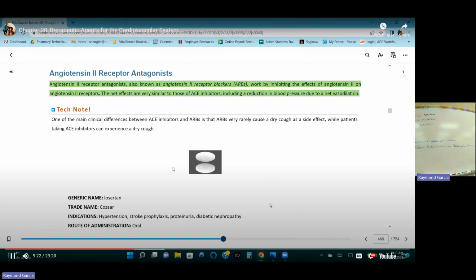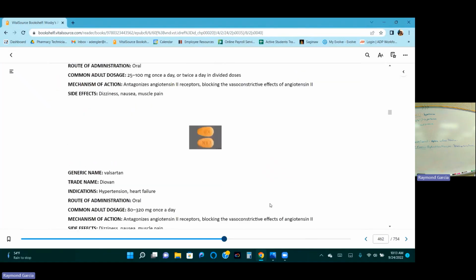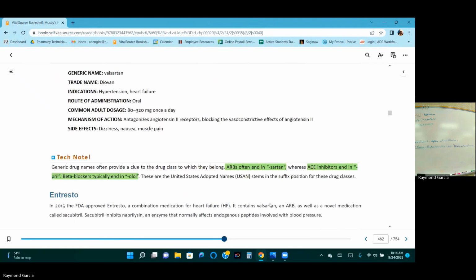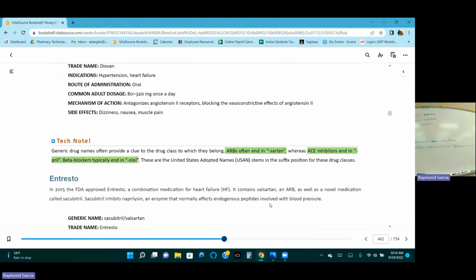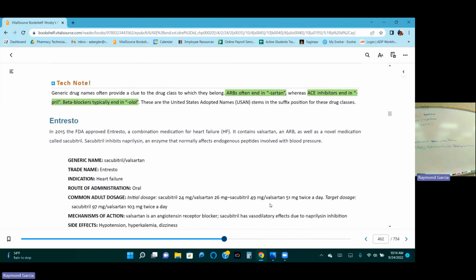In that class, we have Cozaar, Diovan. And we just talked about this when I was going through the chart, but ARBs have that common ending of sartan. ACE inhibitors have the common ending of pril, and beta blockers have that common ending of olol.